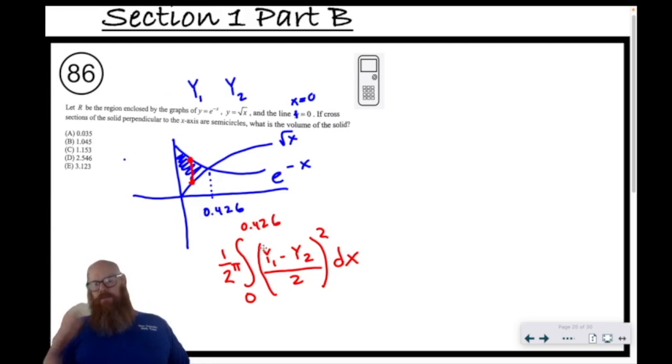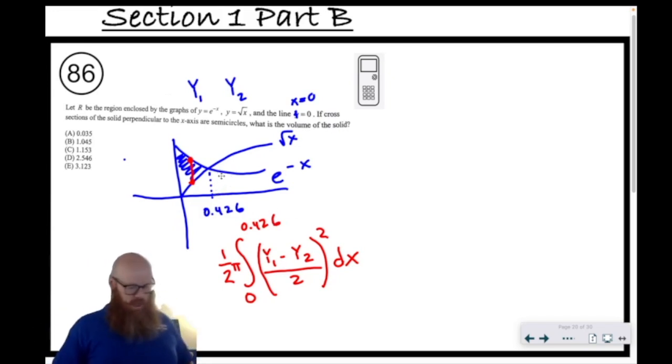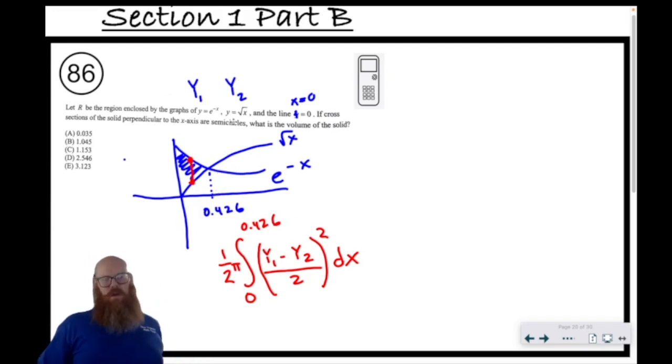0.426. And since we had to graph it to find the intersection, and you already have these stored in the y equals, you can just do this in the integral. So I do alpha window 4, which puts the integral up.